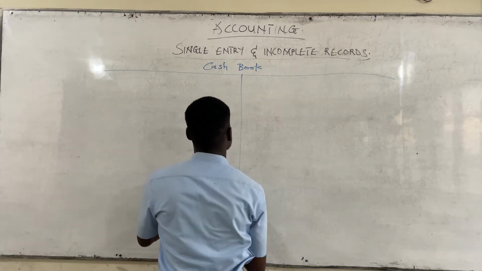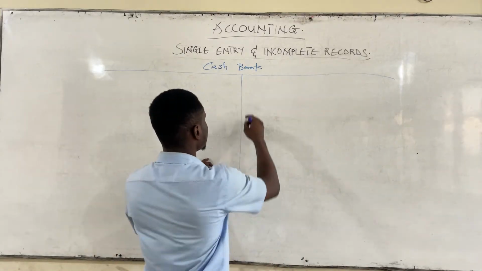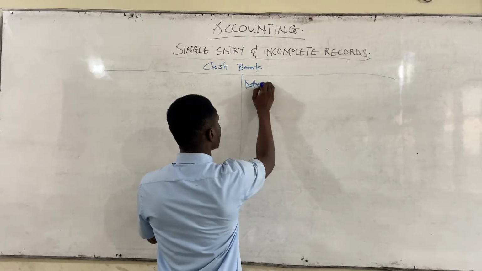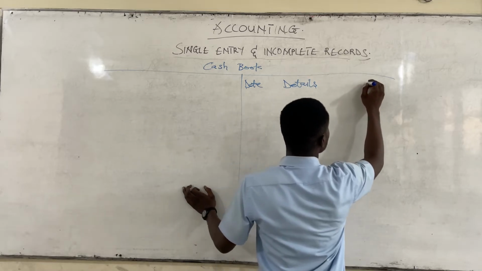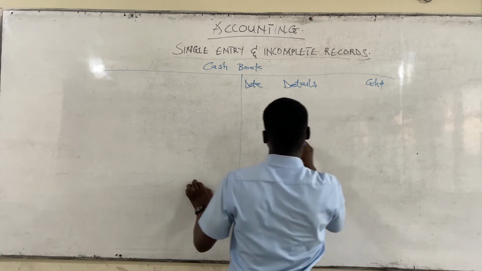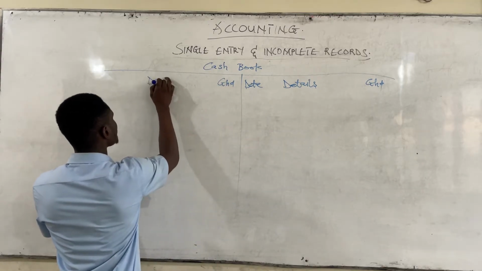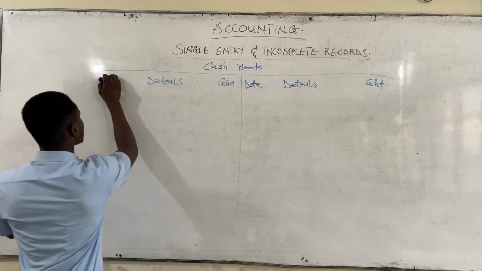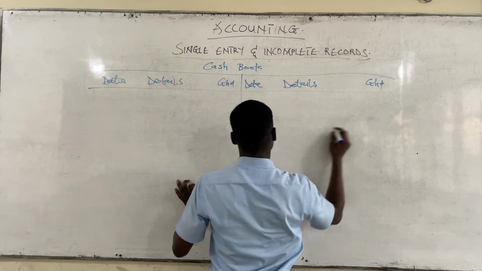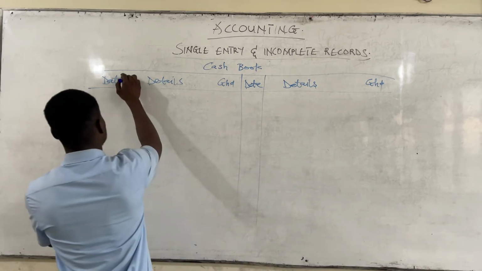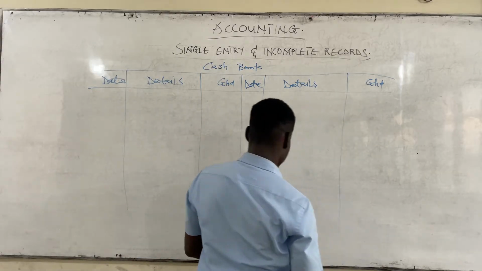We have our debit side here, our credit side here. Good. We'll start with our date, details, and Ghana cedis. Good.